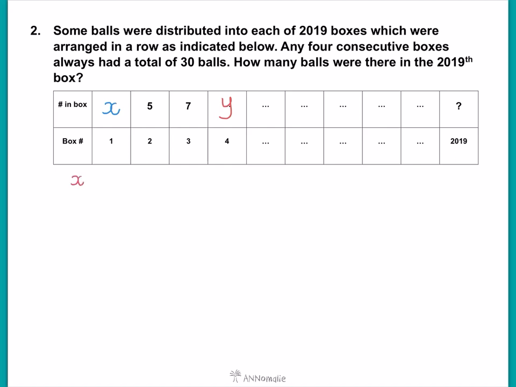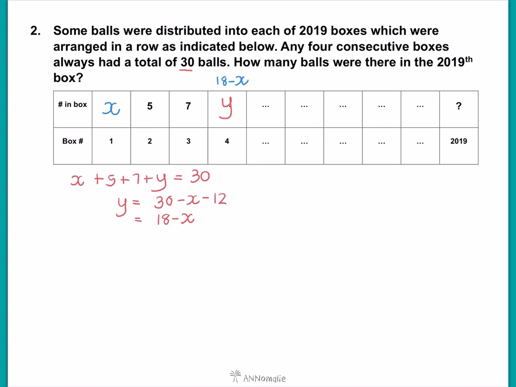That means the first 4 boxes: x plus 5 plus 7 plus y equals 30. So that means that y equals 30 minus x minus 12, which is equal to 18 minus x. So this y becomes 18 minus x.